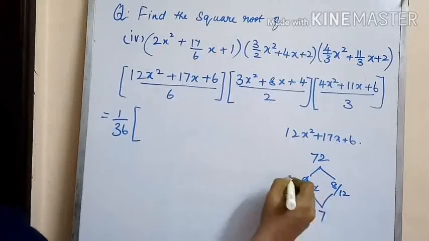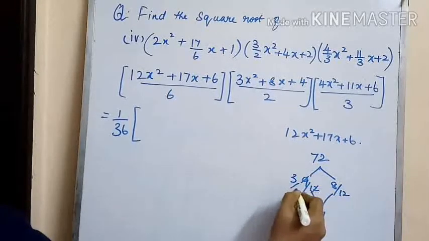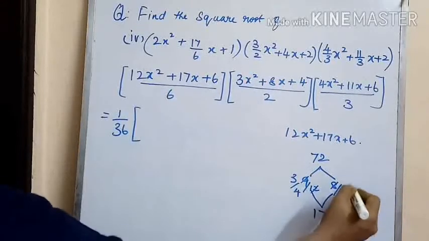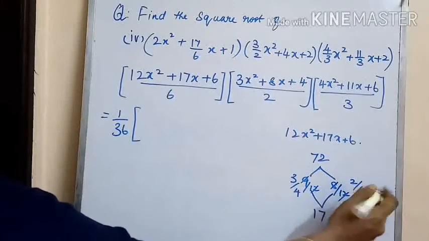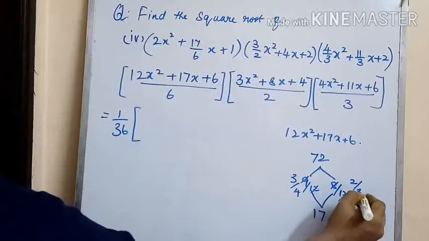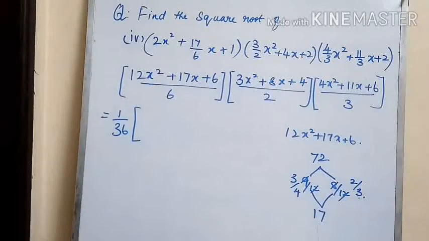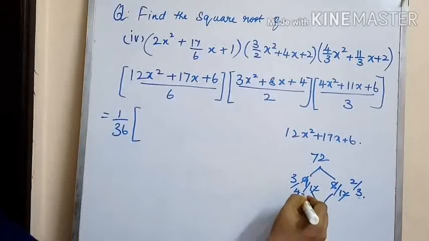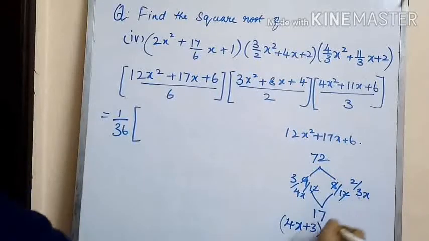Dividing it by 12, we get 3 by 4 and 2 by 3. So the factorization of this polynomial will be 4x plus 3 into 3x plus 2.